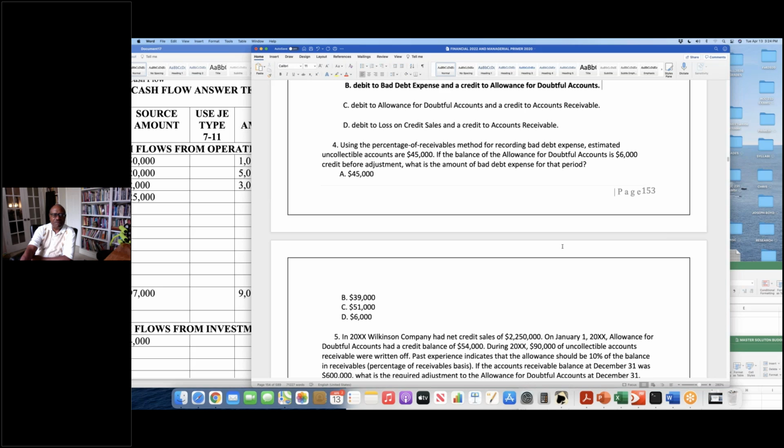Is it B? The balance in the account is 6, the expense is 40. Great job, thanks.